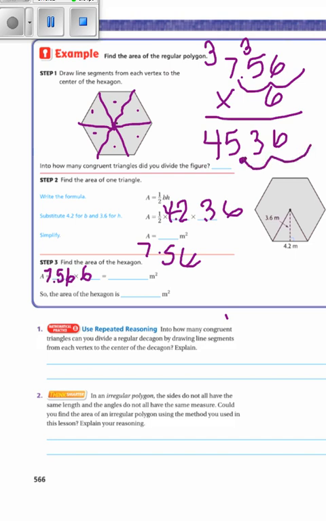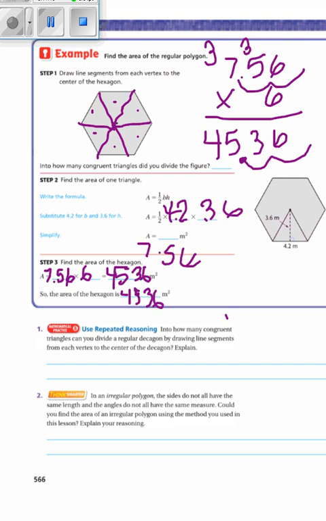And we're going to place the decimal point right there. So the answer is 45.36 meters. And then we're going to just bring that same answer down here. So the area of the hexagon is 45.36 meters squared.